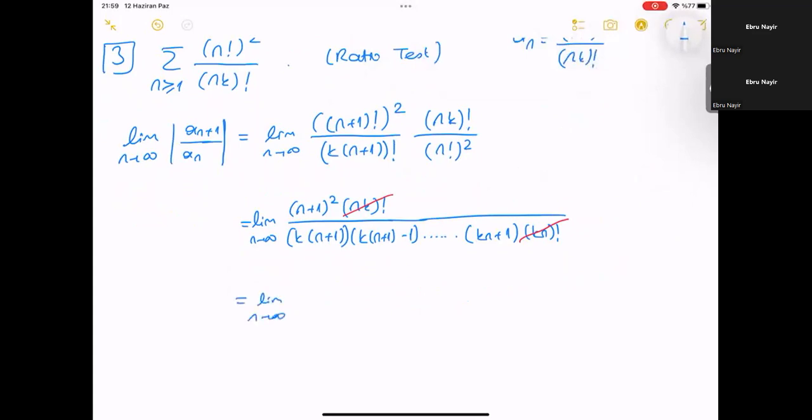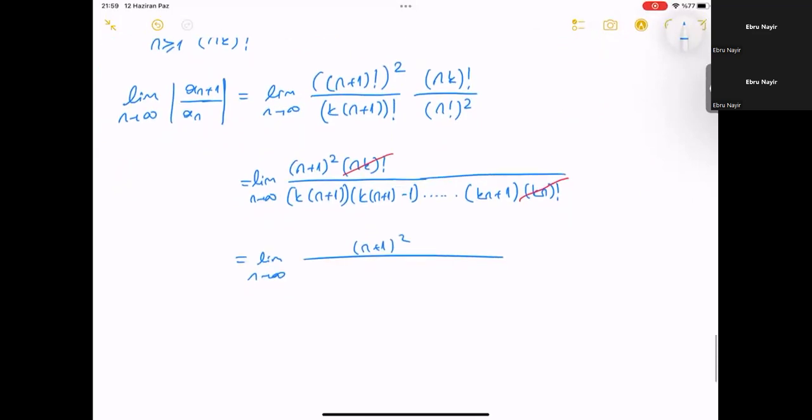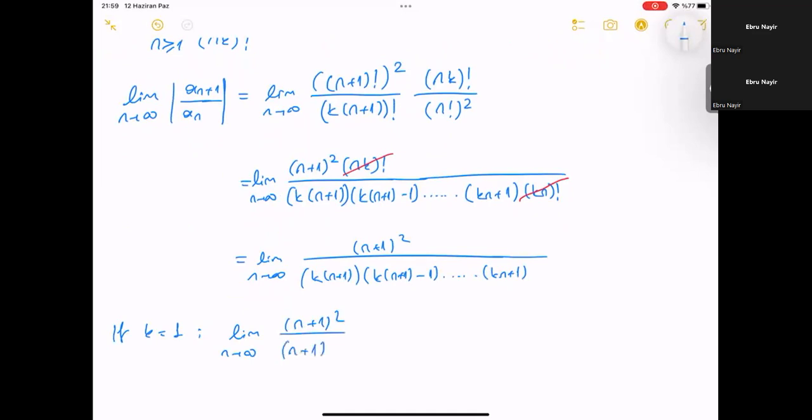Limit of n plus 1 squared in the numerator, and the same thing in the denominator, minus 1 times the last term. Okay, so we have this. We need to examine the cases. So if k equals 1, what do we have? Limit as n approaches infinity. Above we have n plus 1 squared over, when k equals 1, we have n plus 1 in the denominator, right?